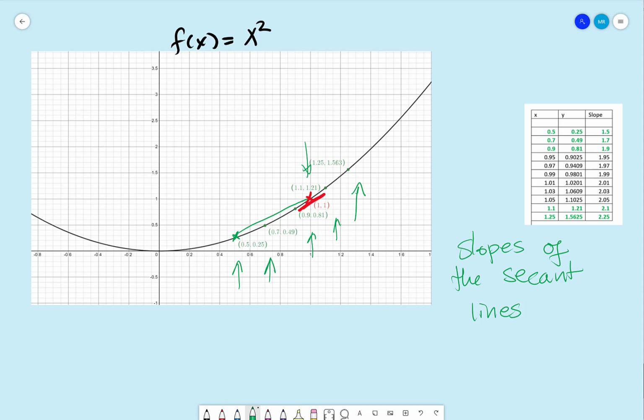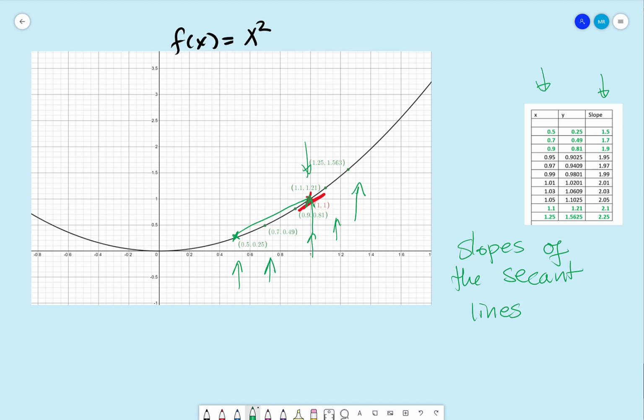And in this table here, what you see is the various x and y's for various points. The ones in green are the ones that are actually on the diagram. And I've calculated already the slope, the average slope, when I calculate it between each one of these points and this point of interest here, x equals 1 and y equals 1.